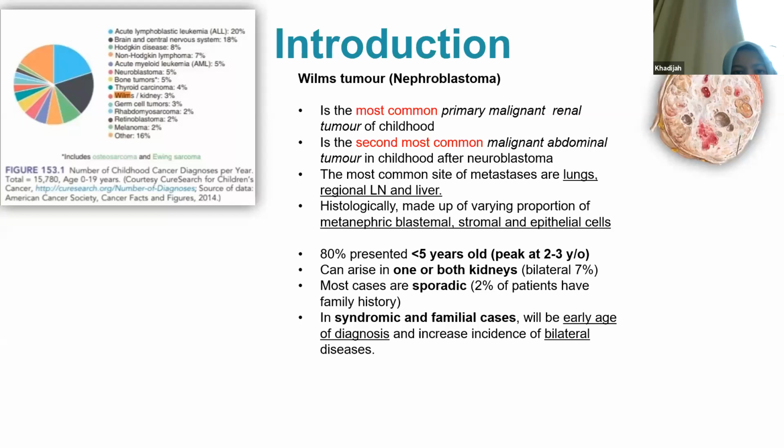However, among abdominal tumors of childhood, it is the second most common after neuroblastoma. And the most common sites of metastasis are lungs, regional lymph nodes, and liver. Histologically, Wilms tumor is made up of metanephric blastoma, stroma, and epithelial cells.